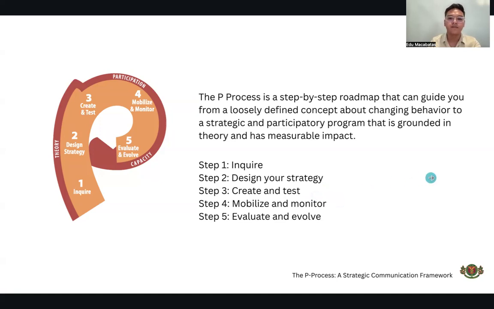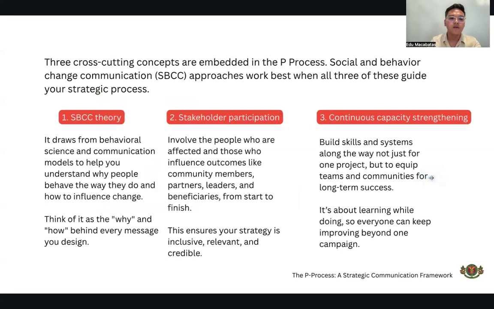Now, the P process has three cross-cutting concepts. The first is SBCC, or social and behavior change communication theory. This is where we use behavior and communication science to understand why people act the way they do and how to influence them.